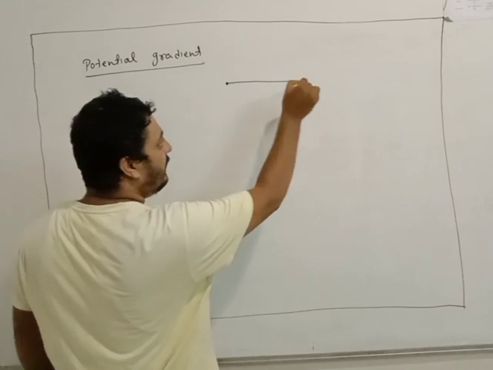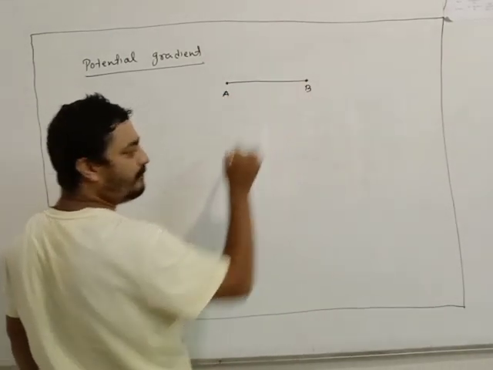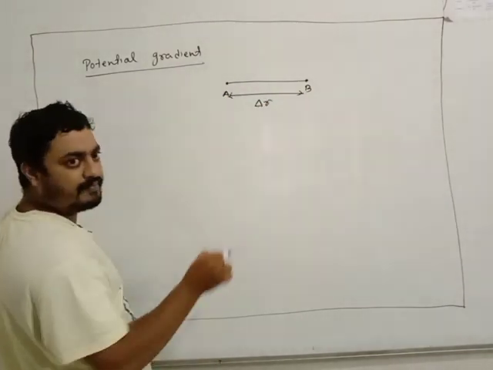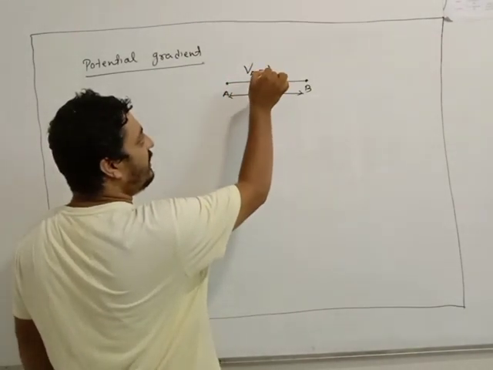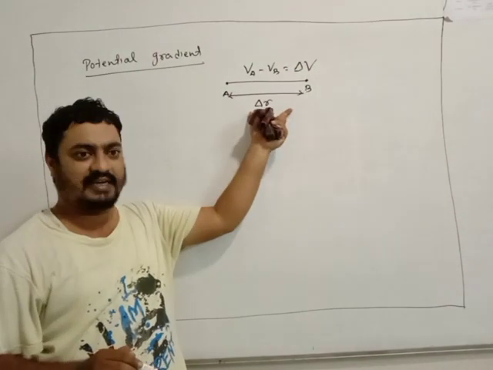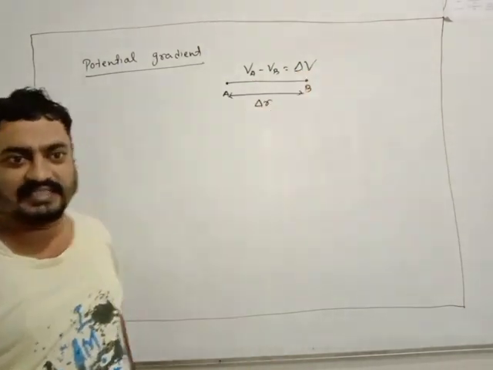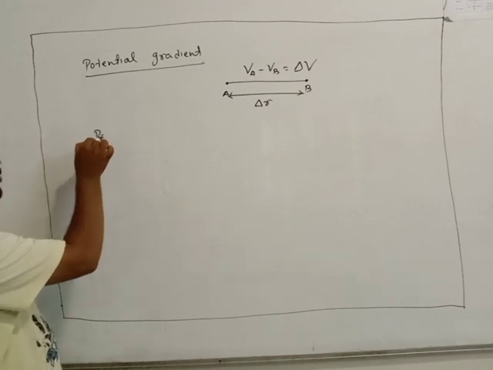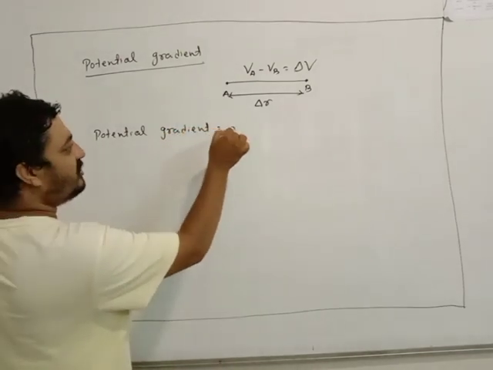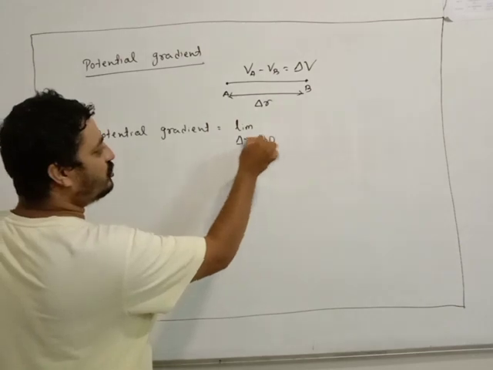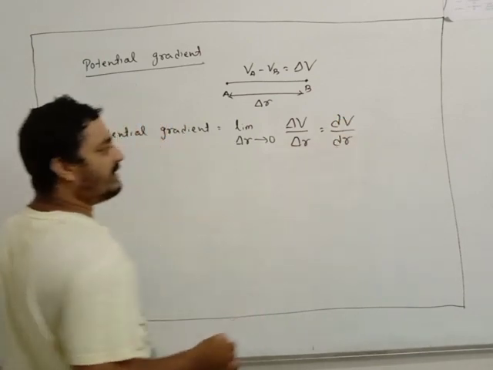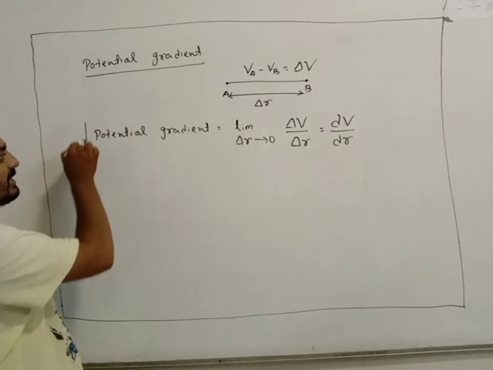Let there be 2 points A and B. The distance between them is delta R and the potential difference VA minus VB equal to delta V. Then the potential gradient is defined as limit delta R tends to 0 of delta V by delta R, that is equal to dV by dr. This is called potential gradient.